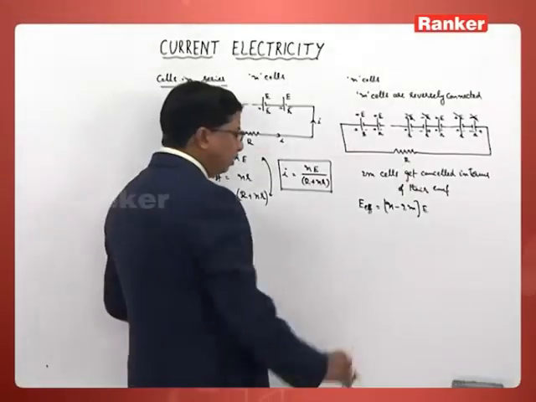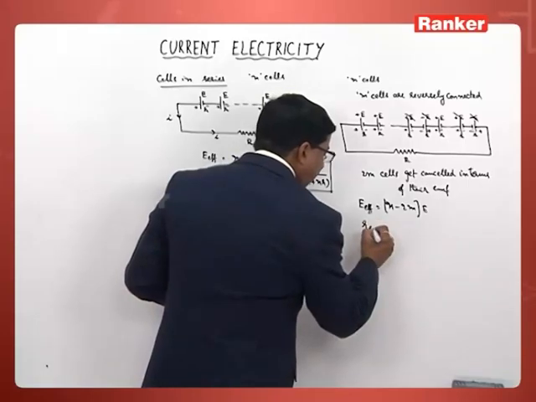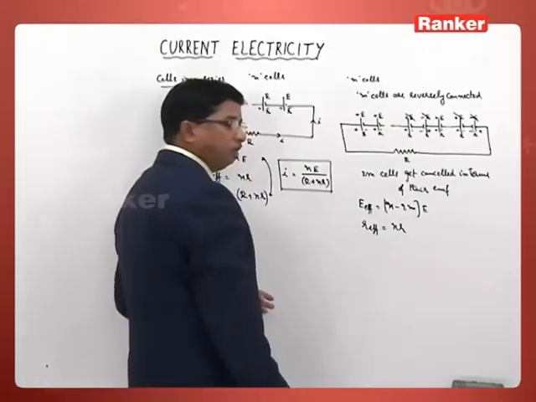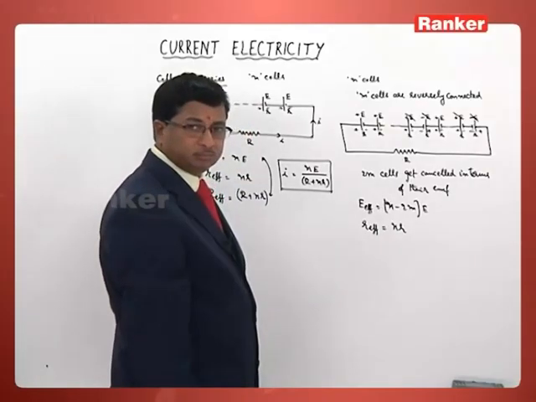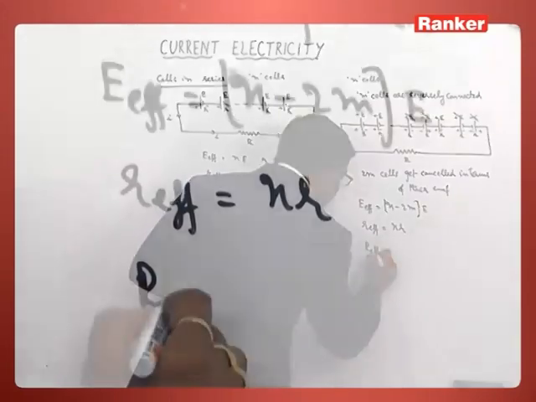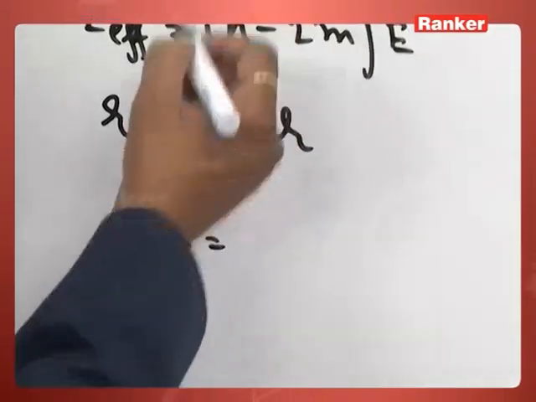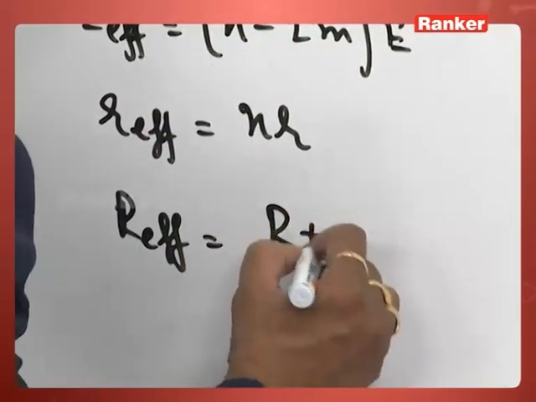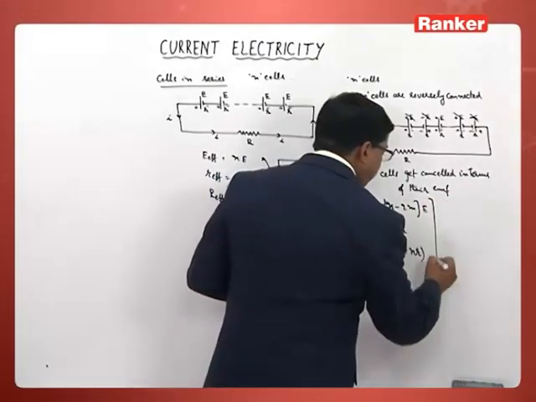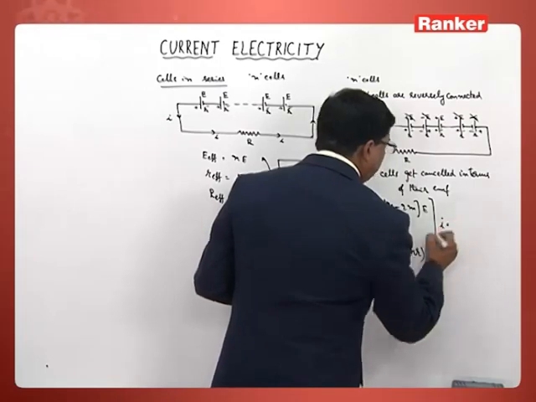What would now be the effective internal resistance? That will remain the same, nr only. What would be the effective resistance of the system as a whole? R plus nr. Then what would be the current across the external resistance?